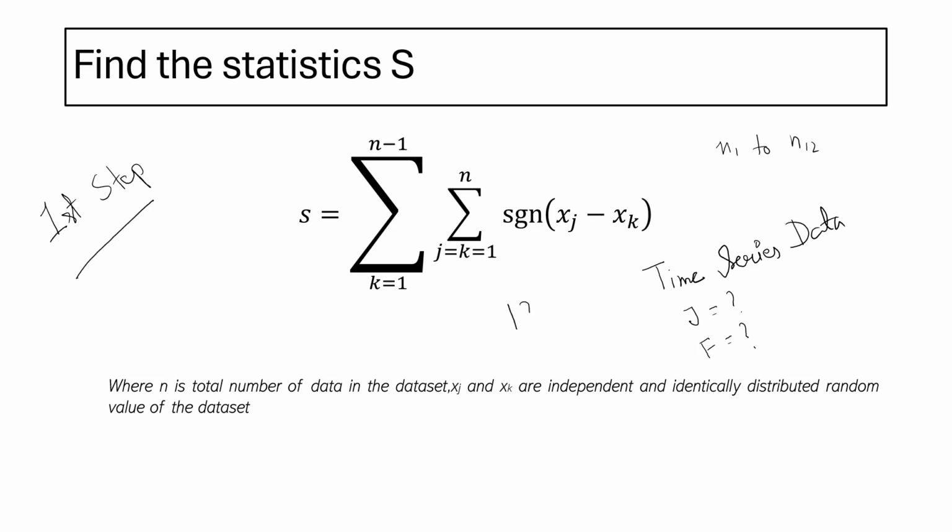If there are 12 data points, then you have to compare 11 times and find out whether these 11 other data are greater than the current data or not. Whether the 11-month data is more or less than January's data.